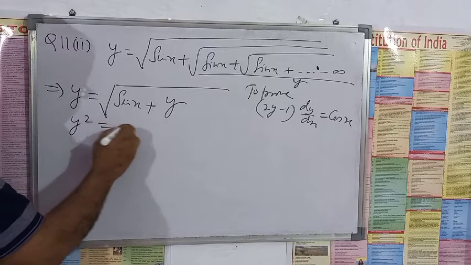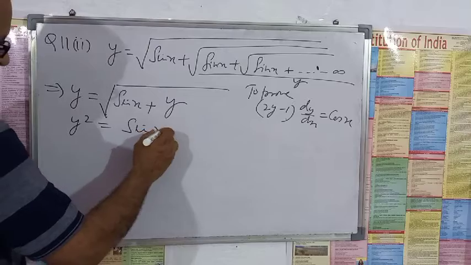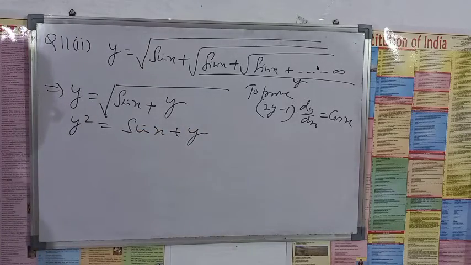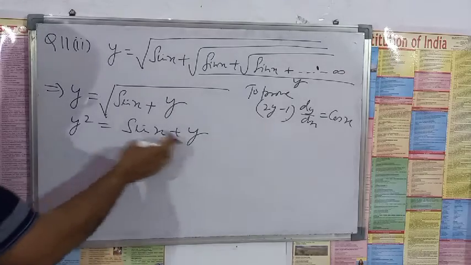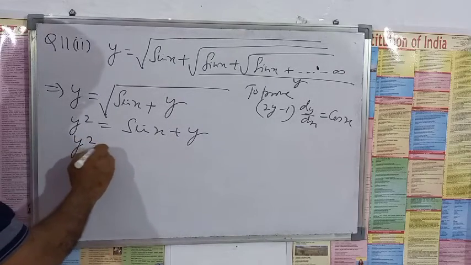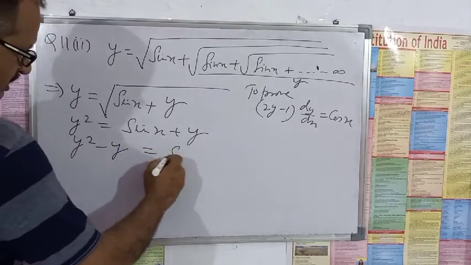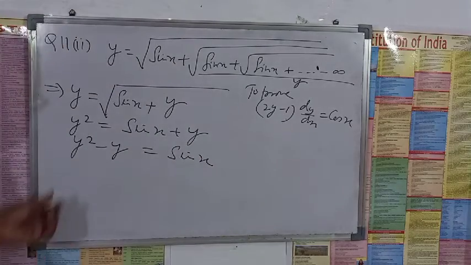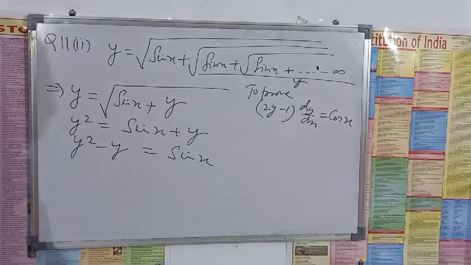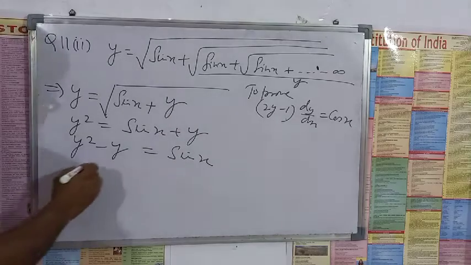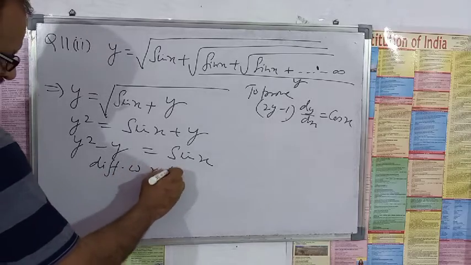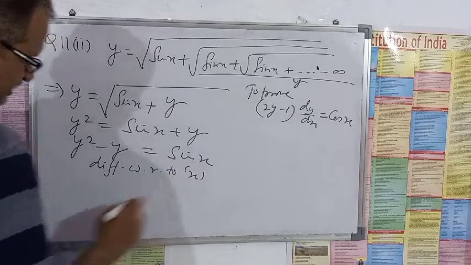So y square is equal to sin x plus y. Transpose y to this side: y square minus y is equal to sin x. Now differentiating with respect to x.